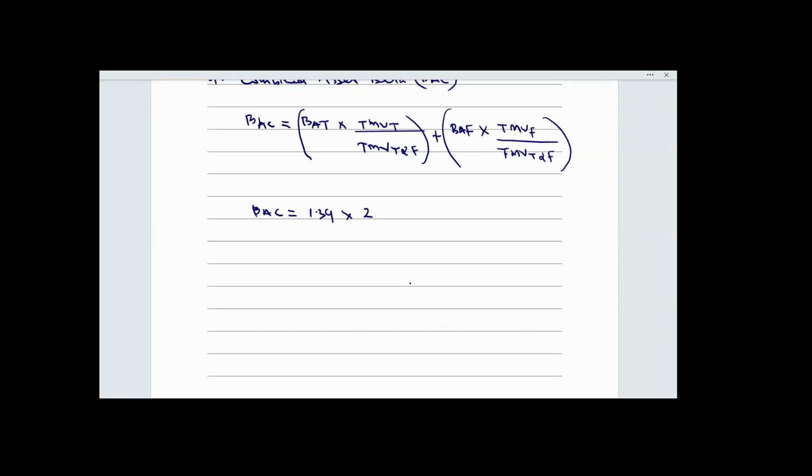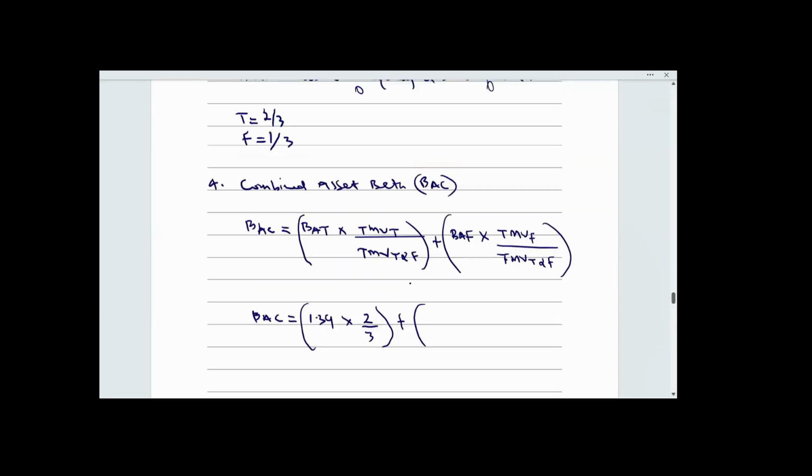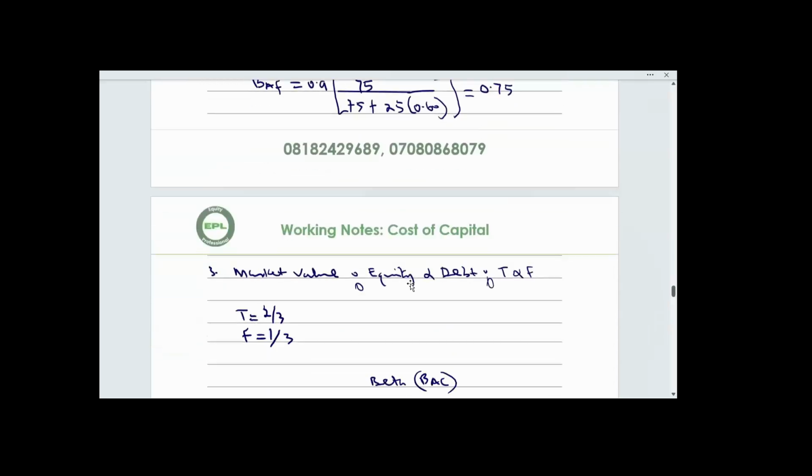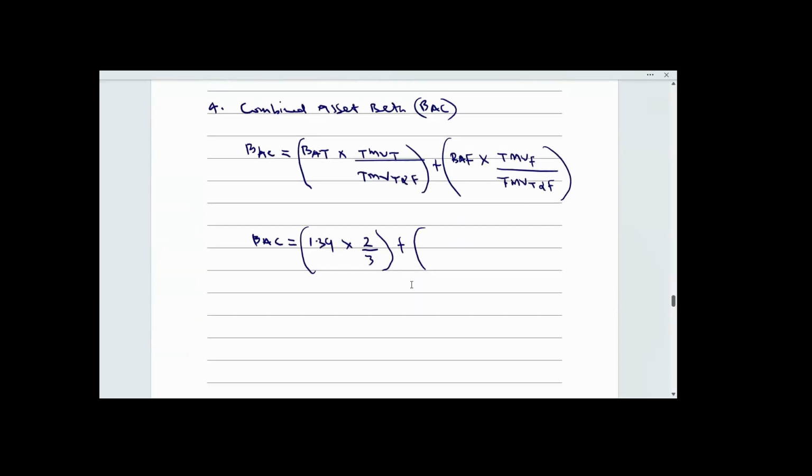Here is 2/3, plus beta asset of financial service. We got 0.75. 0.75 multiplied by market value of equity and debt of financial service, which is 1/3.